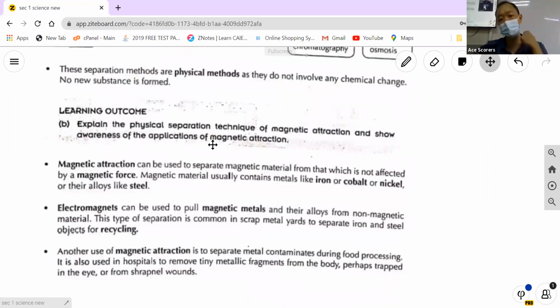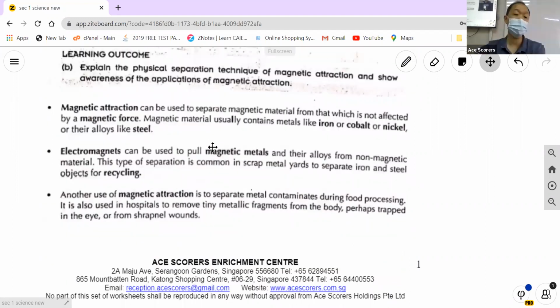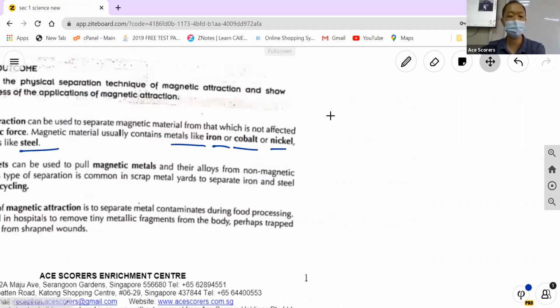So first one is magnetic attraction. Magnetic attraction is to use magnets or the electromagnetic force to extract metals such as iron, cobalt, nickel, steel. These are magnetic materials. How do we memorize them? In primary school we say SpongeBob is not cool: Iron, nickel, cobalt, steel, SINC.